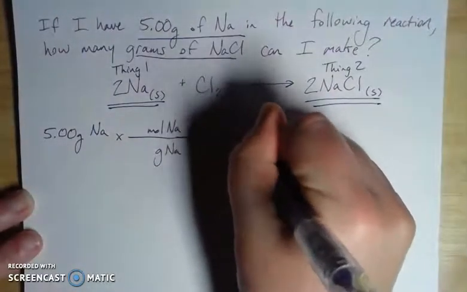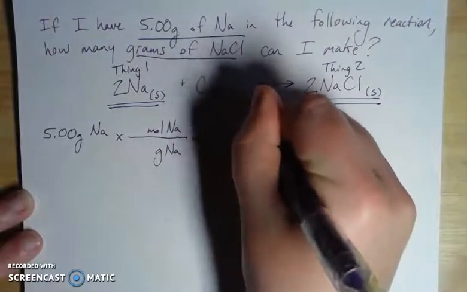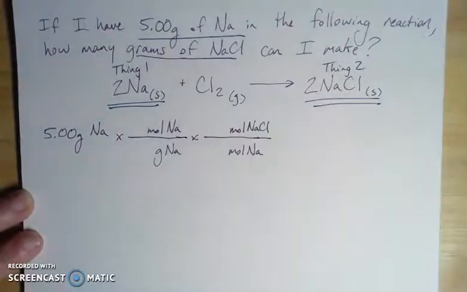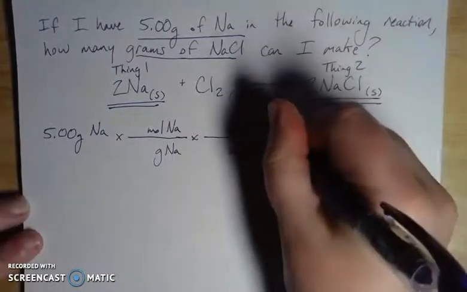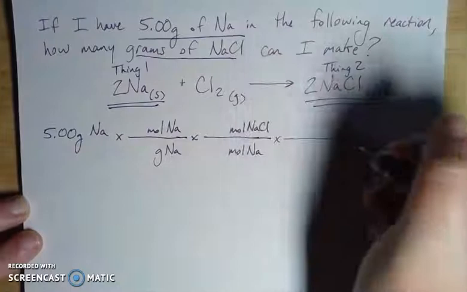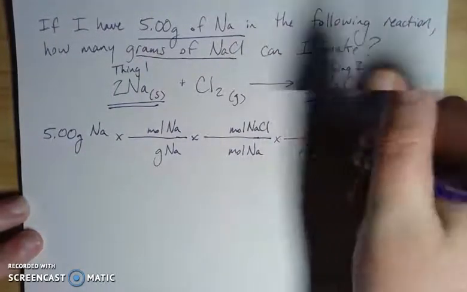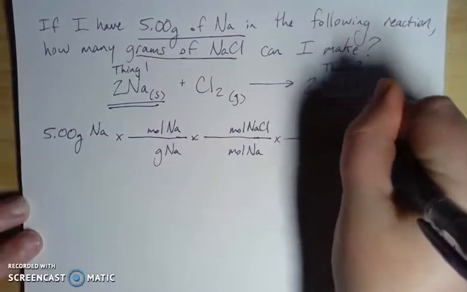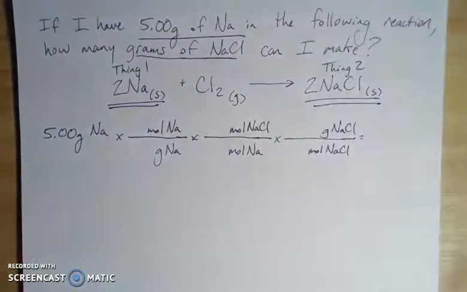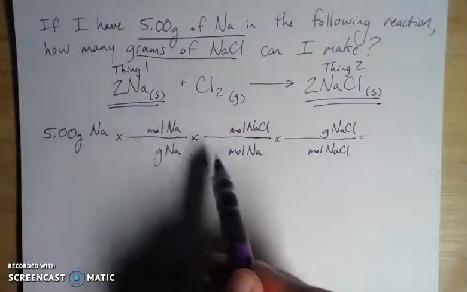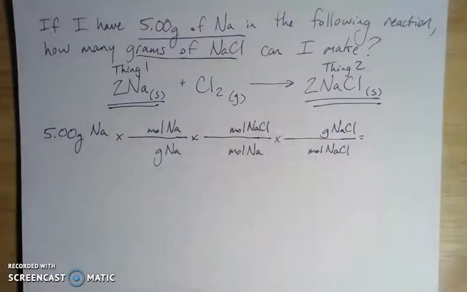Moles of thing 1 to moles of thing 2, which I've already identified in my equation above. And again, I'll plug in my numbers later. I'm just focusing on the roadmap of my units here. And then in my third conversion, I can go from moles of thing 2 to grams of thing 2. Grams to moles, moles to moles, moles to grams.